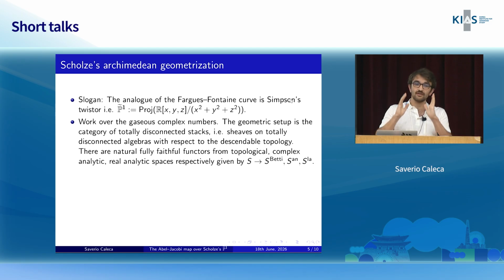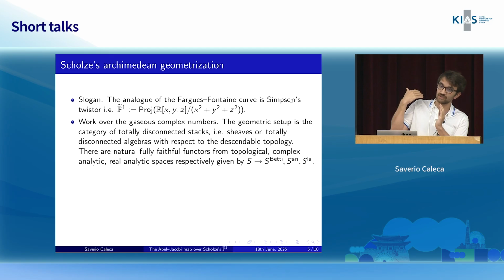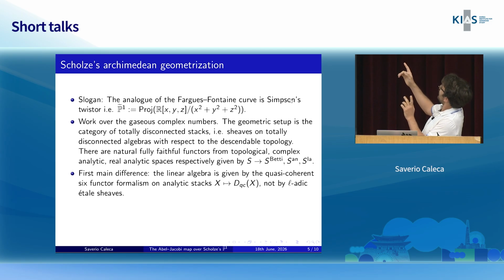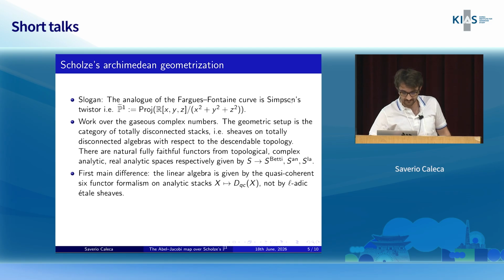Now, the category of totally disconnected stacks has natural functors from the category of topological spaces, complex analytic spaces, and real analytic spaces, which we denote respectively as Betti, San, and SLA.